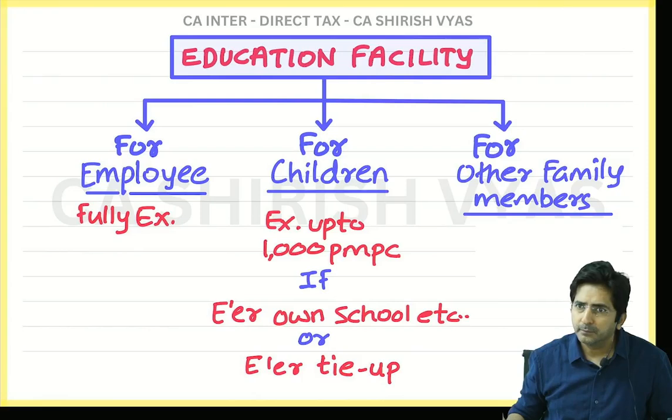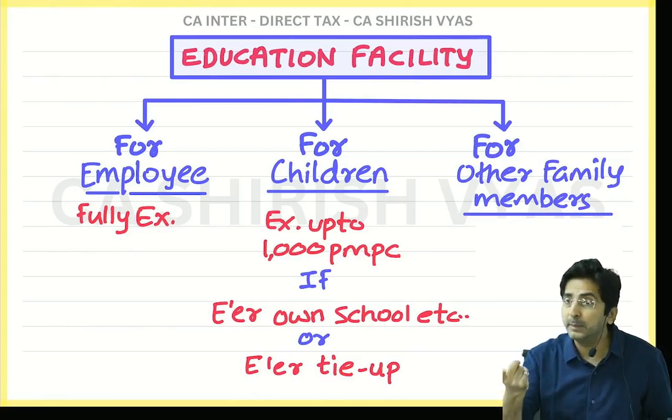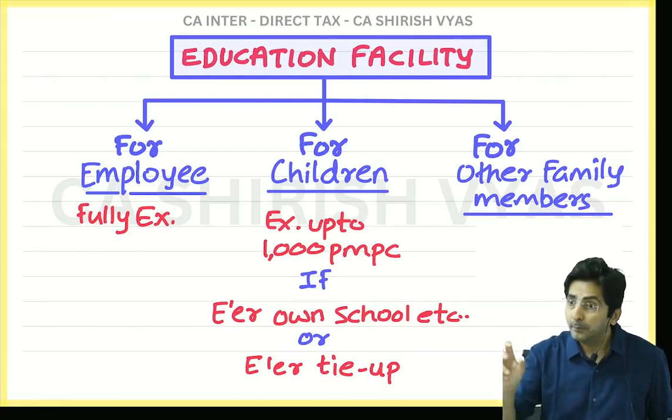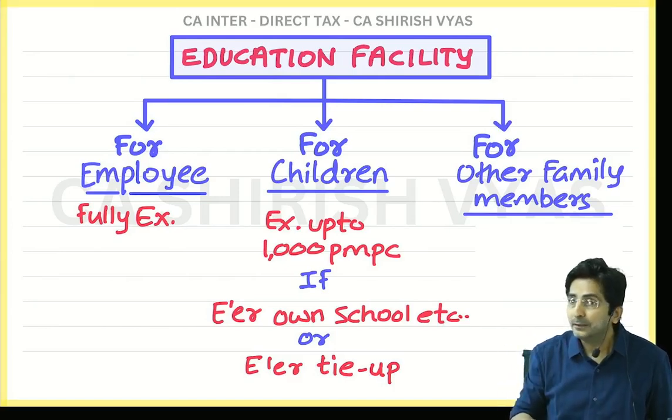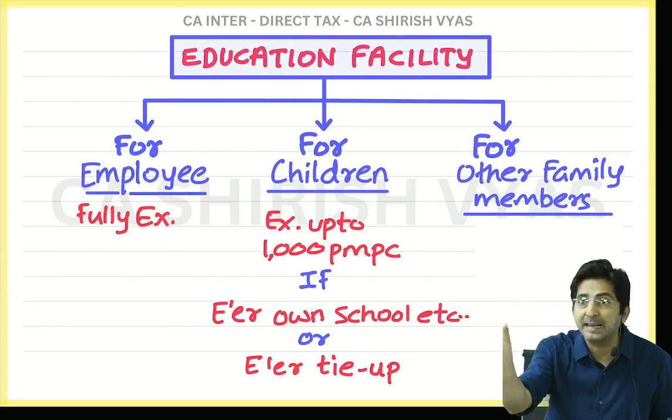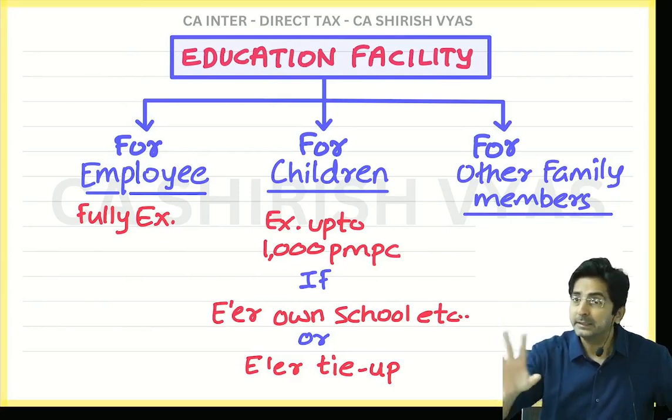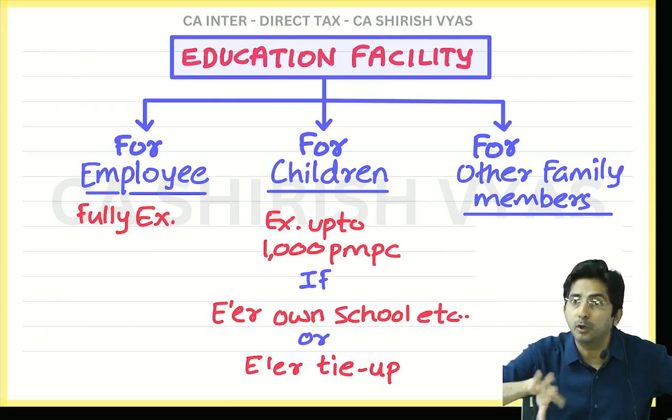But if the company has done this, then this benefit will be taxable. And you know why there is a benefit here? Because the company is paying the wife's computer class fees. So whatever the fees of the computer class, we will say the employee is enjoying that amount. Income doesn't mean some money should come to your pocket.